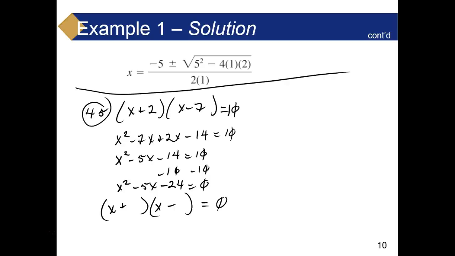Two numbers that multiply to be 24, but their difference is 5. 8 and 3. Okay, which number goes where? Yes, 8 goes with the minus sign and 3 with the positive sign. Now what?